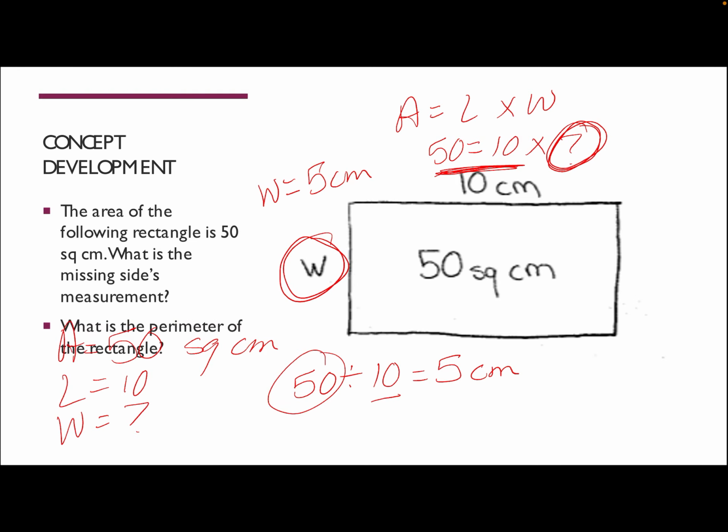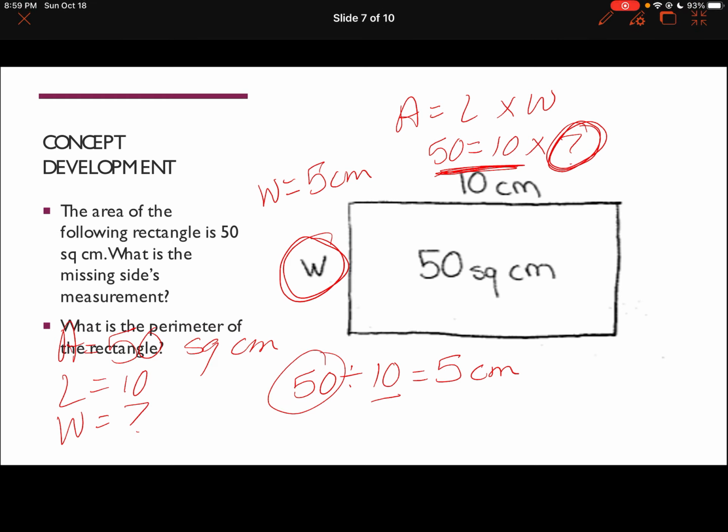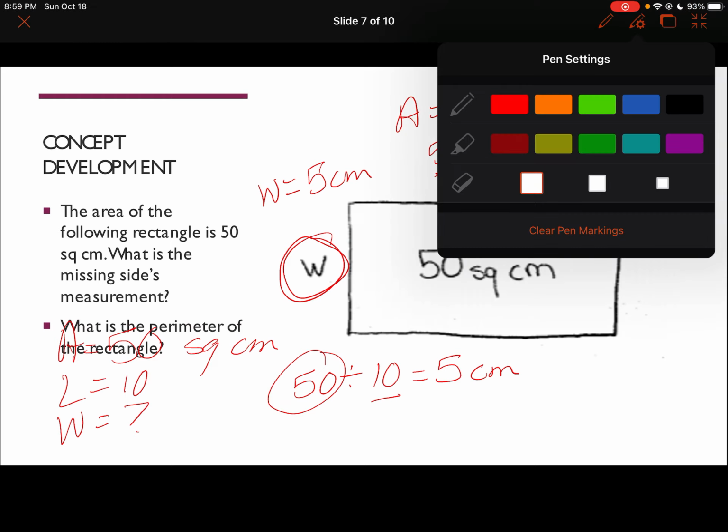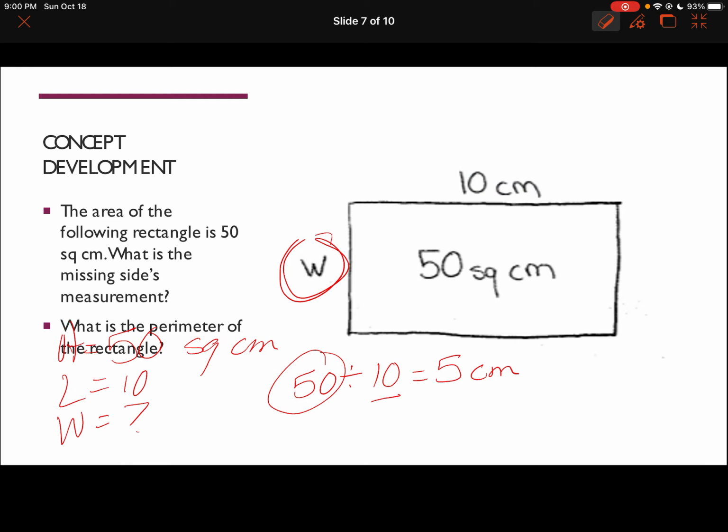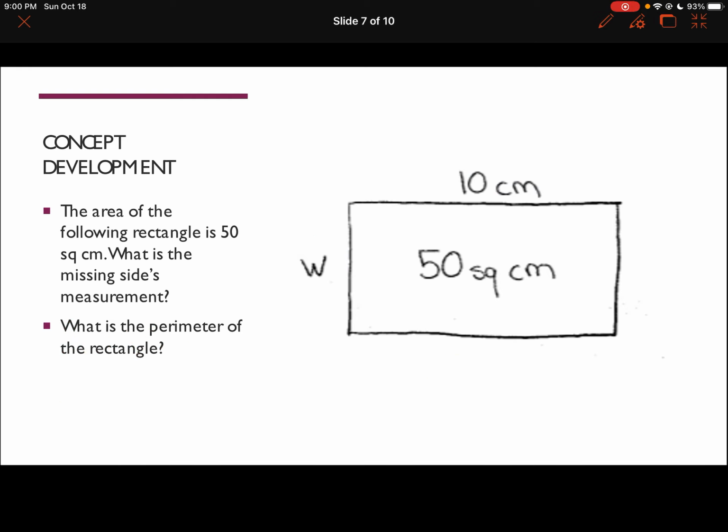Now, it asks us to solve for the perimeter. So I'm going to erase all of this, and I'll write in what the W equals. So that's 5 centimeters. So remember that our perimeter is 2 times length plus width.